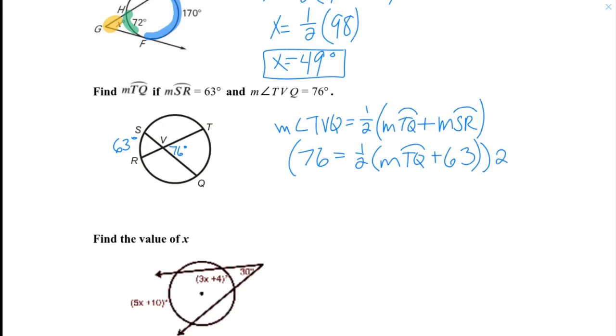So 76 times 2 would give us 152. Again, that half is going to cancel out with the 2 there. So then we'd have the measure of arc TQ plus 63. And then at that point, we're just going to need to subtract 63 from both sides. And we find out that the measure of arc TQ is going to be 89 degrees.